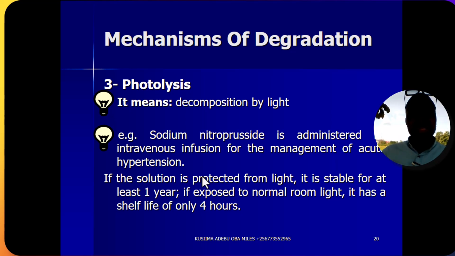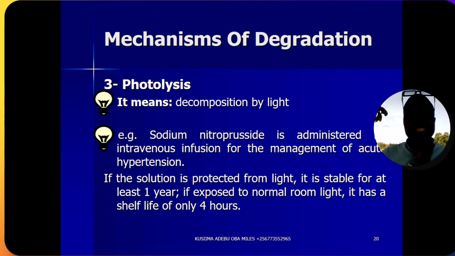Another stability study is photolysis, which is the degradation or decomposition of the product by light. And I told you how light does that. For example, we have drugs like some antihypertensives like sodium nitroprusside. It is unstable.